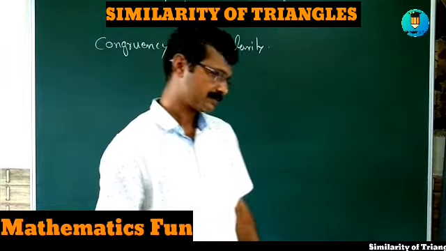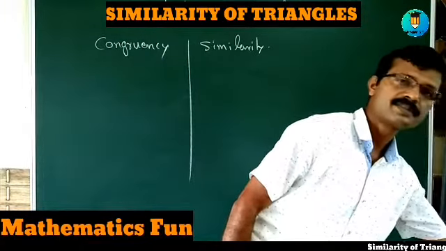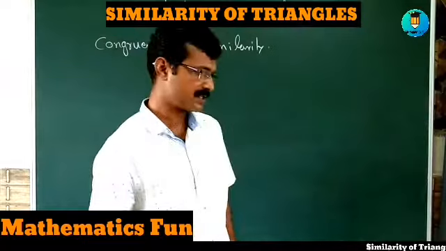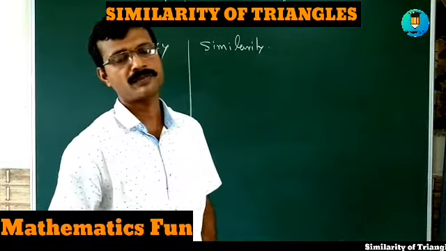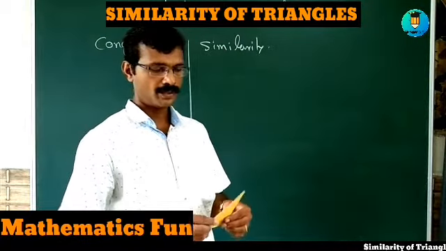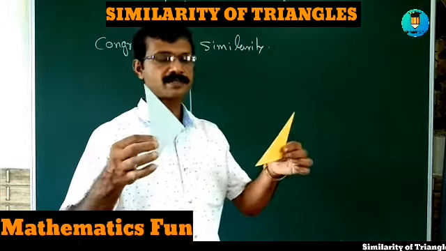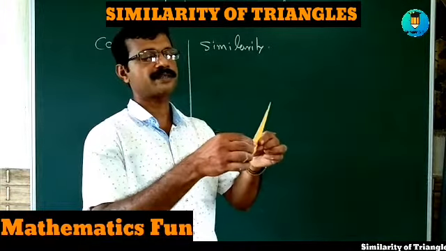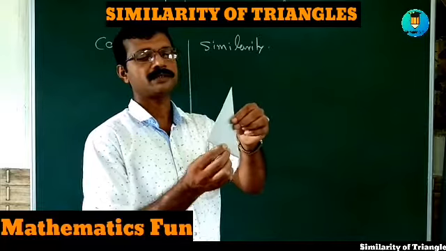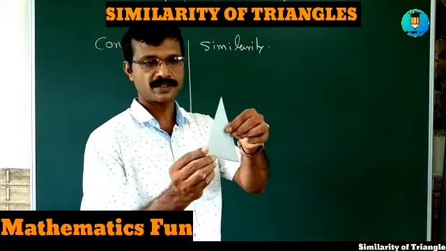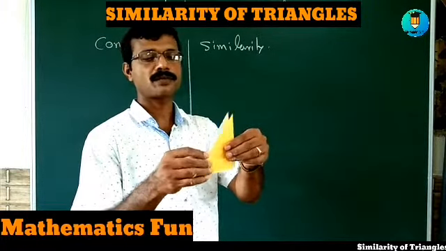Another example is circles with the same radius, which are congruent figures. Or if you look at these two triangles, I can place one triangle exactly over the other, that is, superimpose them, so these two triangles are congruent.